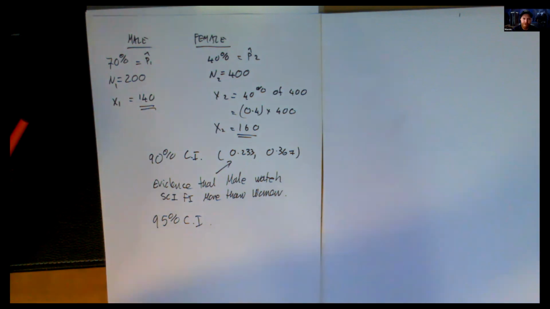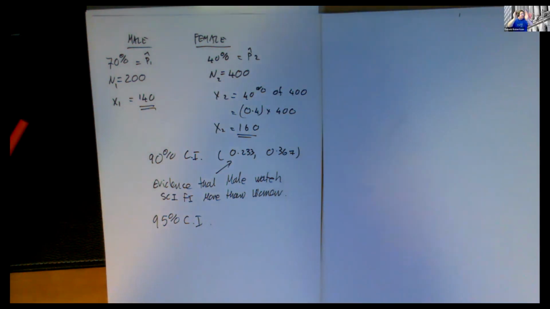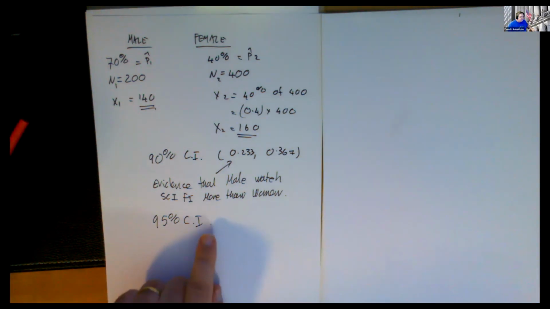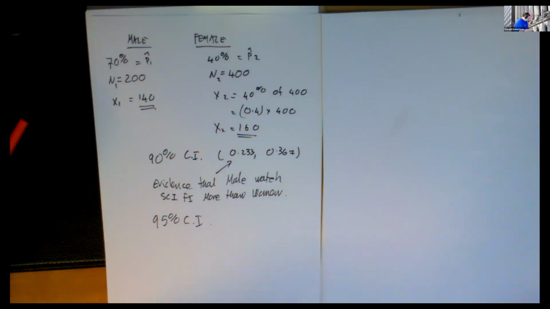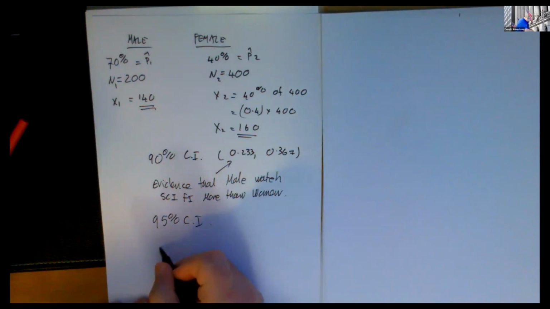Shrinks. Well, let's think of it this way. If between here and here, I'm 90% sure, and if I want to be 95% sure, don't I have to make it a little bit bigger just to be more sure? Right? And if I want to be 99, I make it even bigger. So we're going to do a 95, and then lastly, I'm going to do a 99.